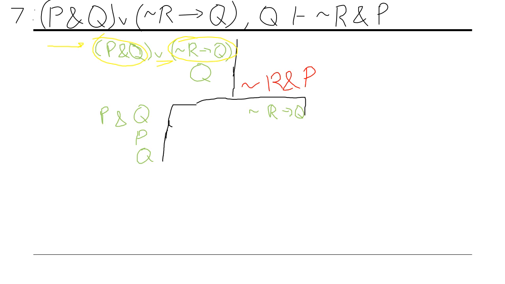Now let's look at our other part of our first premise. So we have this and this being connected by the arrow. So what makes an arrow true is wherever the left side is false or the right side is true.